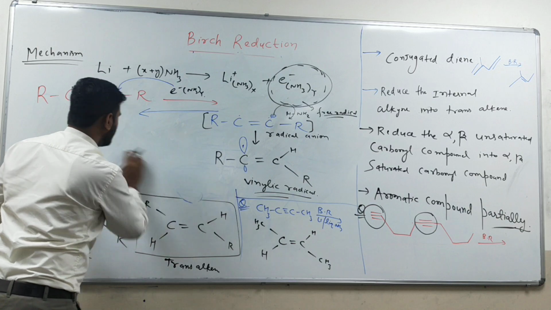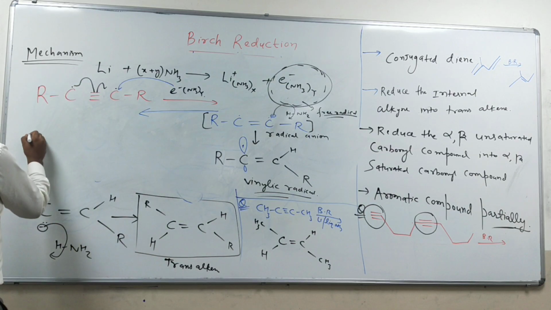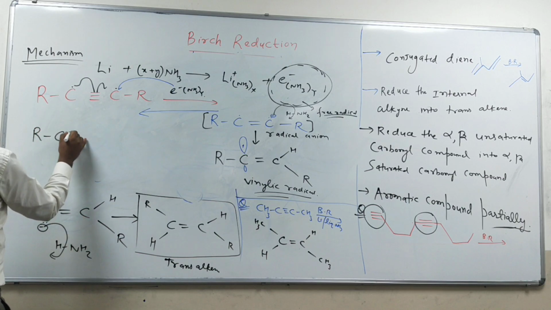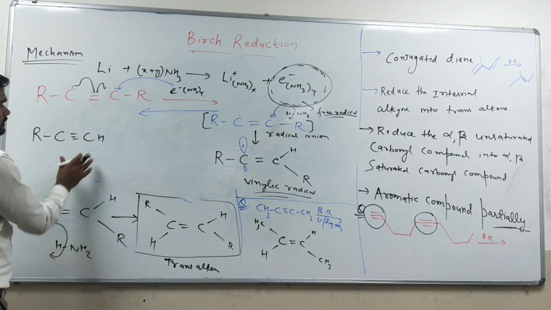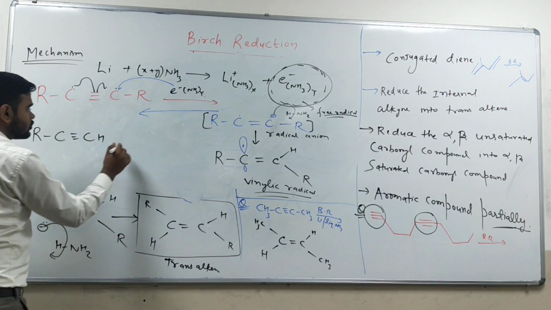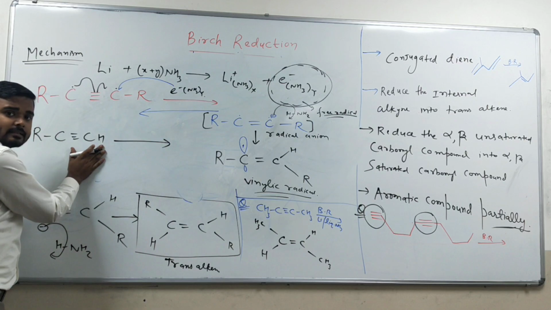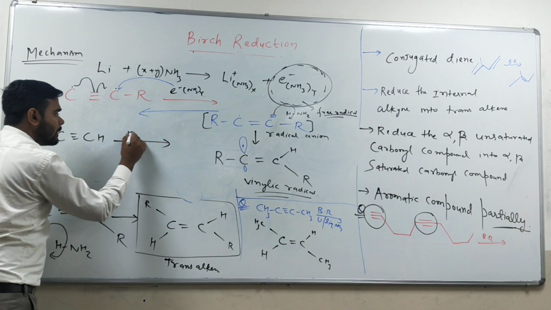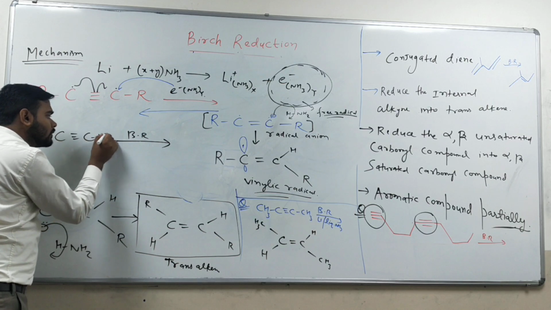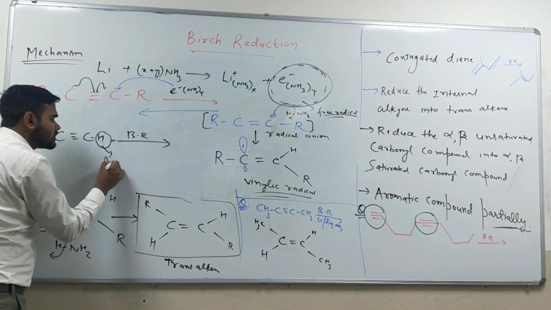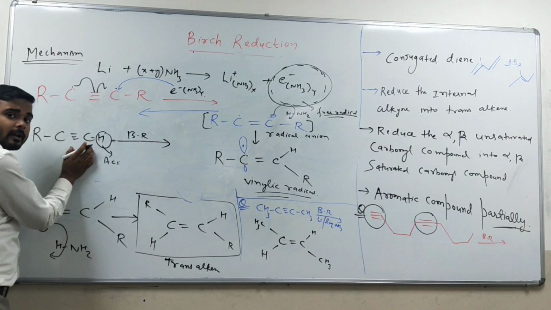Let's say I am taking here R, C triple bond C, H. This is your terminal alkyne. If you take this alkyne and do the Birch reduction, this particular H is very acidic in nature, as it is bonded with the triple bond carbon.